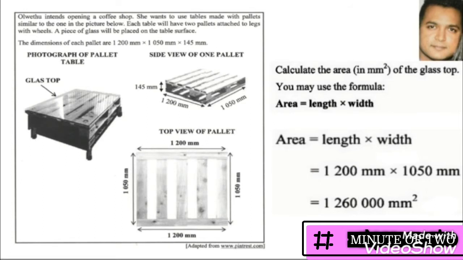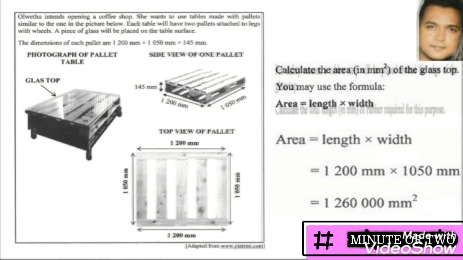So we substitute this into our formula, and in so doing, sometimes the examiner will give us different units of measure. We might end up getting millimeter and centimeter. So it's important that we don't rush and just enter our numbers as we see it, but we make sure that all the units are the same. So multiplying this through, we end up getting 1,260,000 millimeters squared.